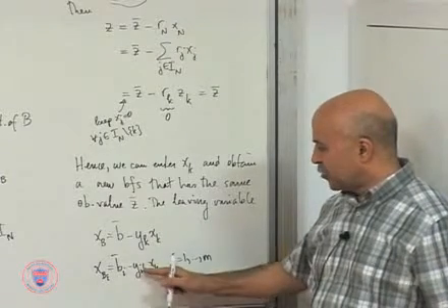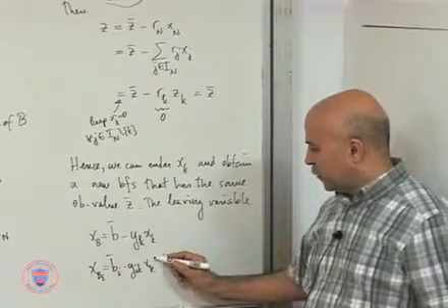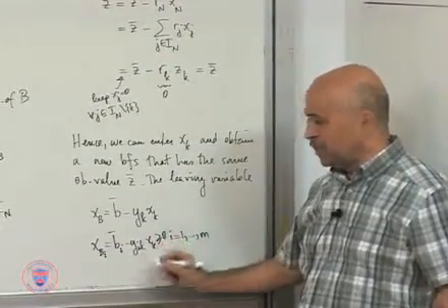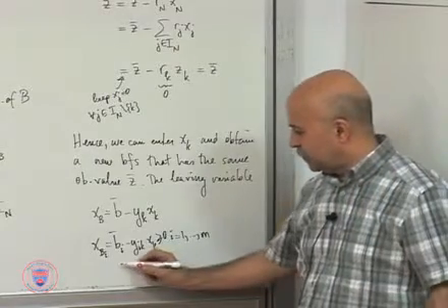So the ratios for imposing non-negativity are required only for yik that are positive. Okay?